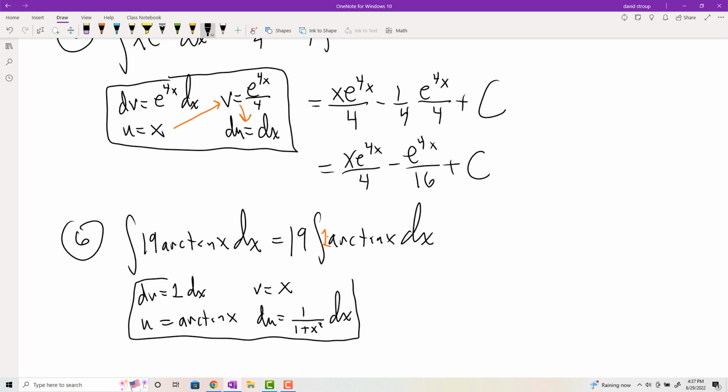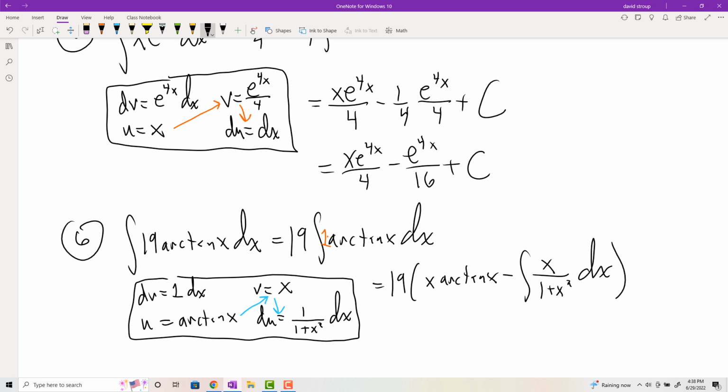Okay, then we can go and do our arrows. So this will be equal to 19 times x times arctan of x minus x times 1 over 1 plus x squared. So I have x arctan of x minus the integral of x over 1 plus x squared dx.